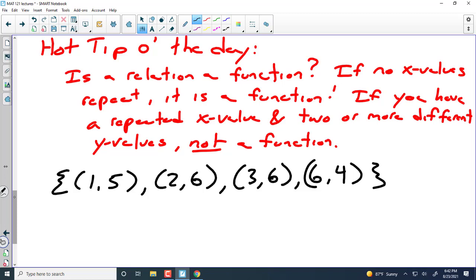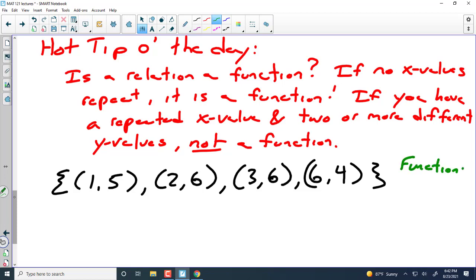Yes. You think yes? And is it as quick as going like this? 1, 2, 3, 6, no repeats. Yeah. Someone might not think it's a function because they might see all those 6's in there. But you'll notice there's only one time I use a 6 for an x value, and the two over here are both y values, and it doesn't matter if we repeat y values. So this is a function.